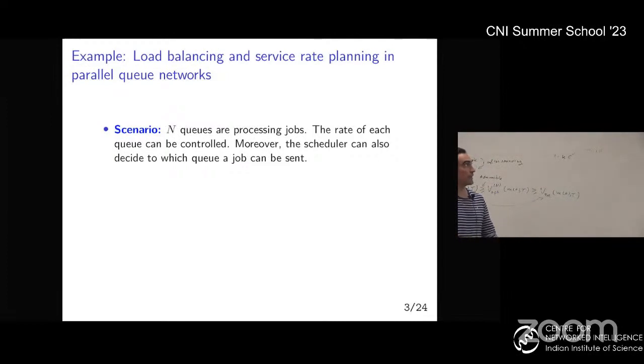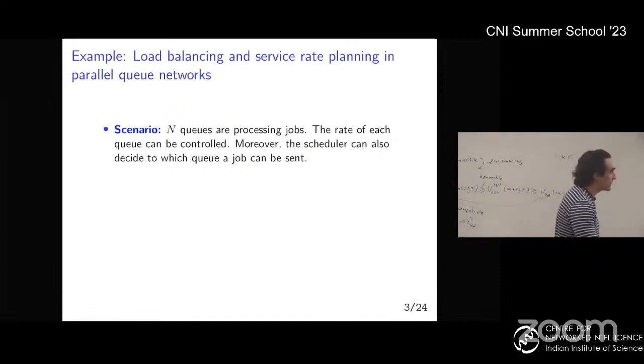So the scenario is the following: you have n queues that are processing jobs, and the service rate of each queue can be controlled. And also, the scheduler can decide where the job should be sent.